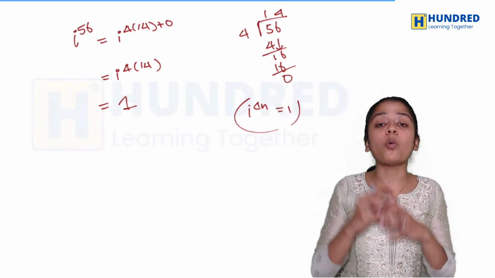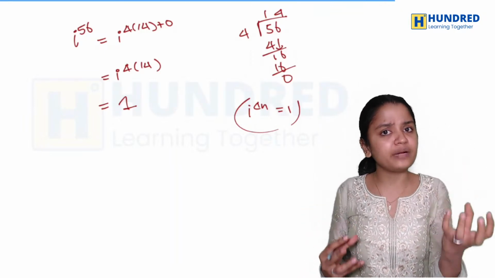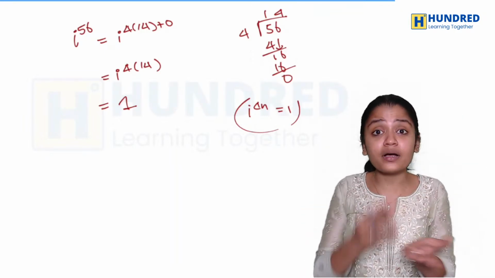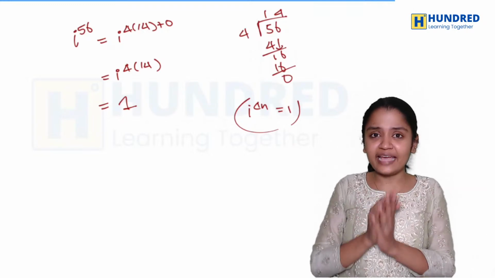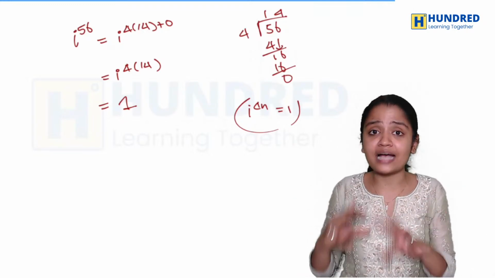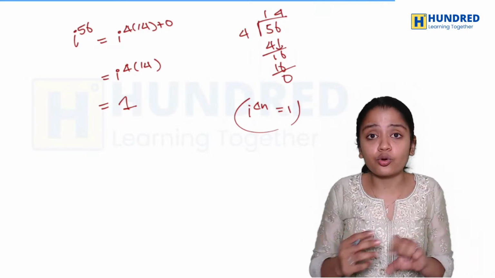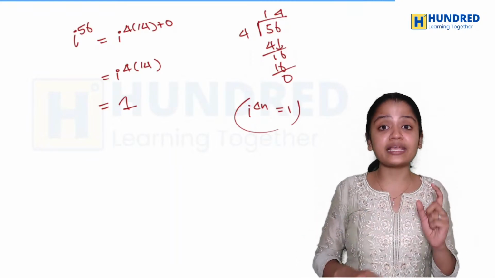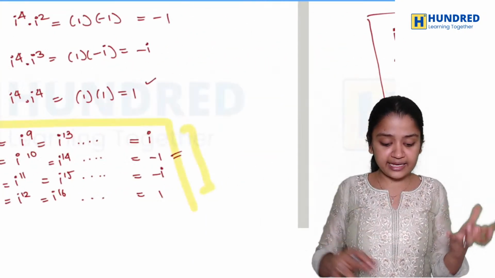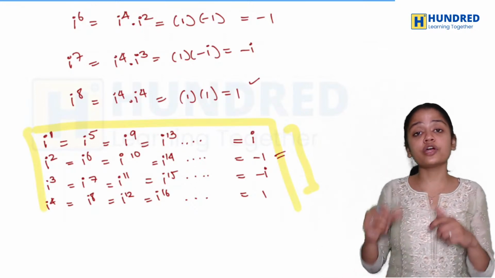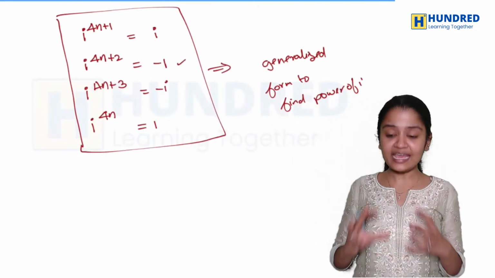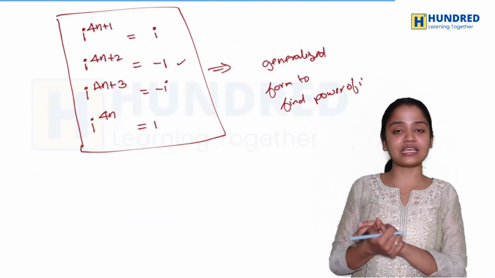Then I told you what a complex number is, a combination of both a real number and an imaginary number. Then, every number has powers, so what about iota? Instead of finding the powers continuously, I have generalized and given this equation.